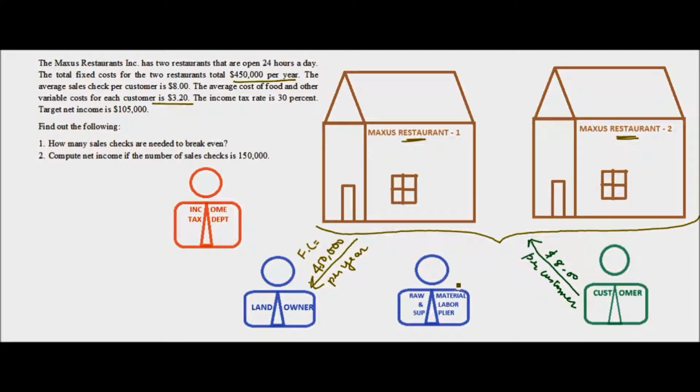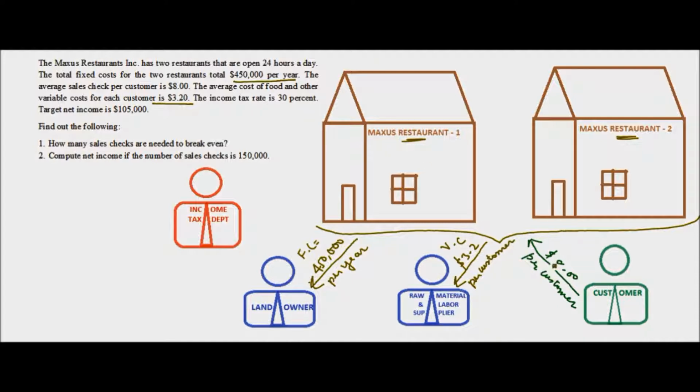So let's say this gentleman here, raw material and labor supplier, is supplying the raw material and labor to Maxus Restaurants. So in return, Maxus Restaurants has to pay back a variable cost of $3.2 per customer. And this is the variable cost.